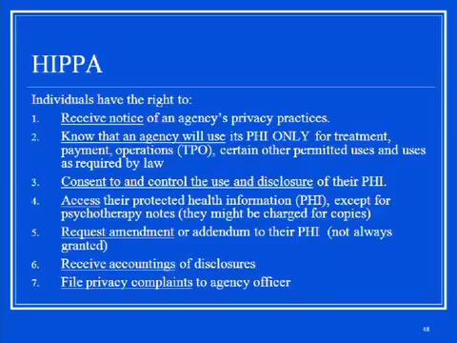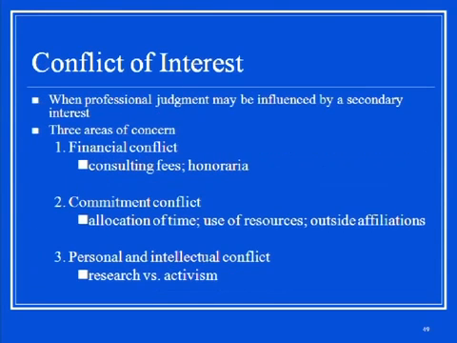They won't receive information on that. They can request an amendment to their public health information, they can receive accountings of disclosures, and they can file privacy complaints to an agency officer.